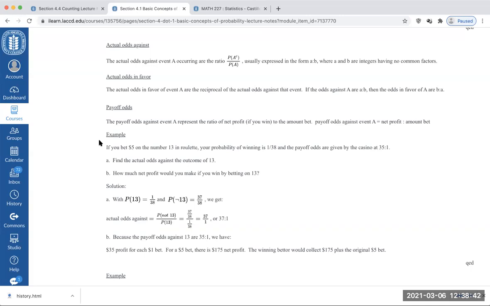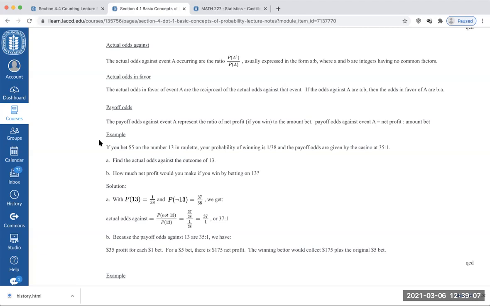So let's do an example. If you bet $5 on the number 13 in a game of roulette, your probability of winning is 1 out of 38. So there are 38 slots that the ball can go into.